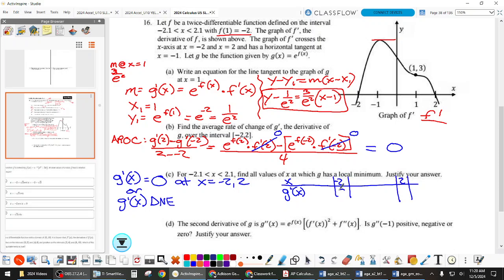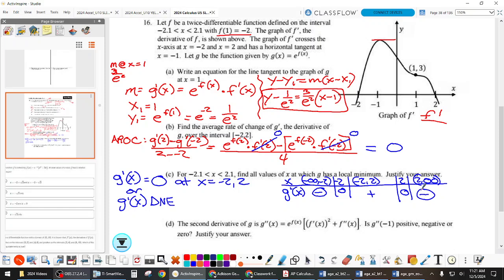So what's our slope? 0 there. So again, e to the f of x is always positive, so it's really determined by f prime. So left of negative 2, negative. In between the two, positive. And then negative again.